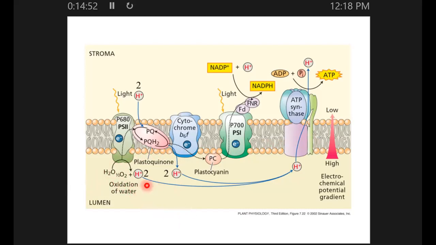And so as you have that happening, and there's a few other places here where you get protons building up as this whole thing keeps cooking along. And then as these protons diffuse through the ATP synthase, it actually allows the ATP synthase to make ATP.